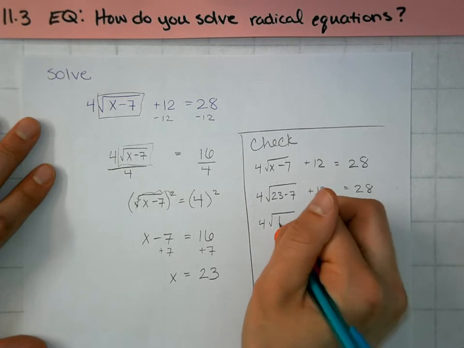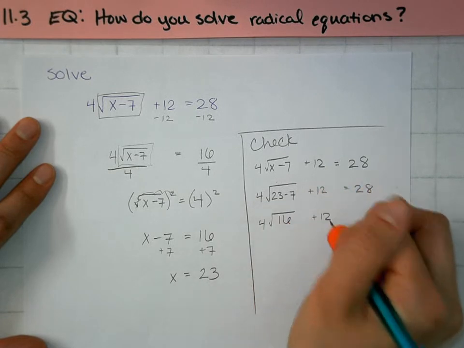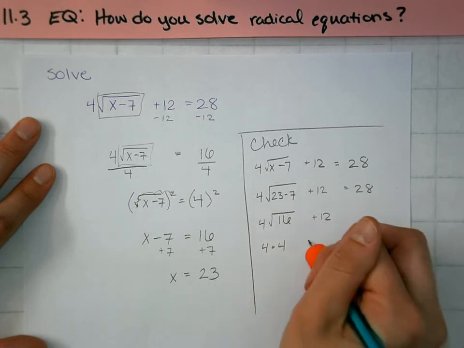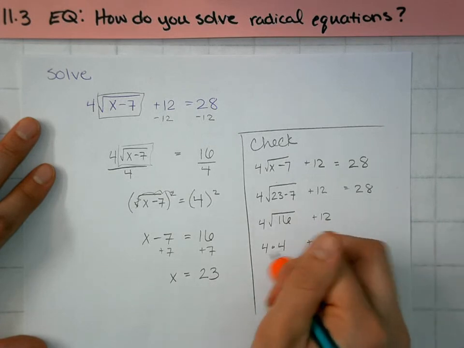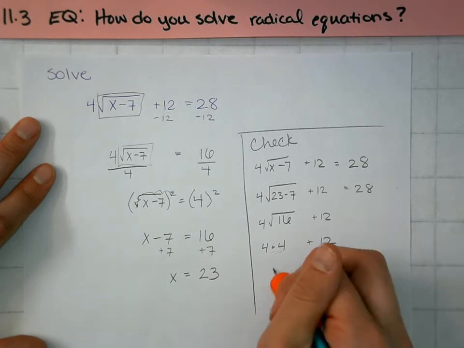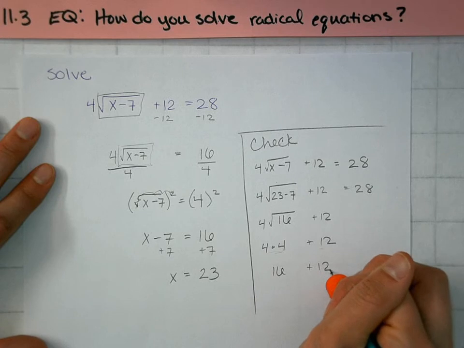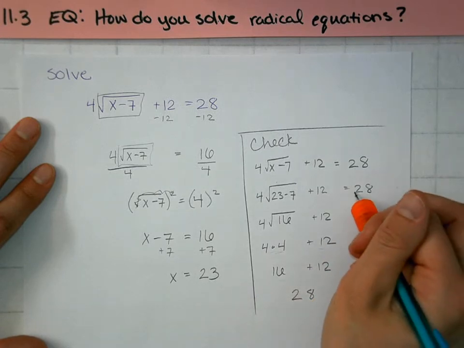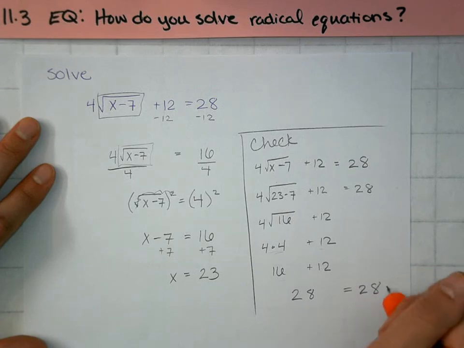That would give me 16. Take the square root of 16. Multiply, then add, always following order of operations. 16 plus 12 is 28, which is what we wanted it to equal. So that one checks out.